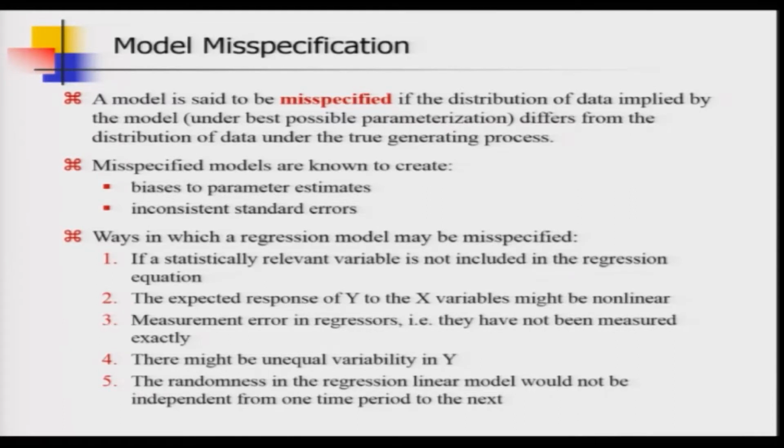Now, we are going to talk about the fourth source of model misspecification. There could be unequal variability in y. What do we mean by that? Remember, when we started making assumptions for the classical linear regression model, I said that my errors are going to be homoscedastic in nature. I am talking about constant variance. If epsilon is not homoscedastic, it implies that for ranges of data the variance for epsilon is going to change, and that will have a similar effect on y as well, because the distributions for y and epsilon are linked to each other.